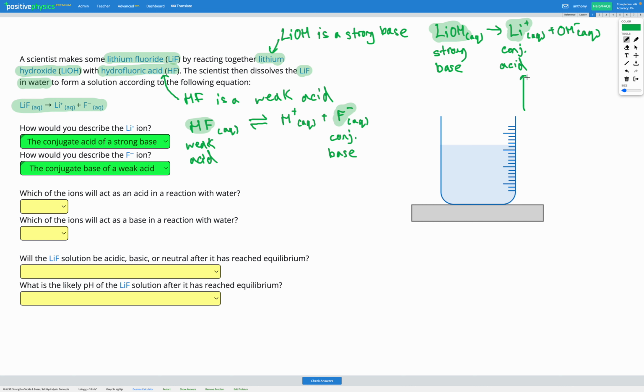We can see it's on the right-hand side of that equation, and we've got that solid arrow showing it's a forwards reaction only. That means LiOH is a really strong base, and Li+ is an incredibly weak conjugate acid. That means Li+ is not even going to act as an acid. So Li+ does not act as an acid in a reaction with water.